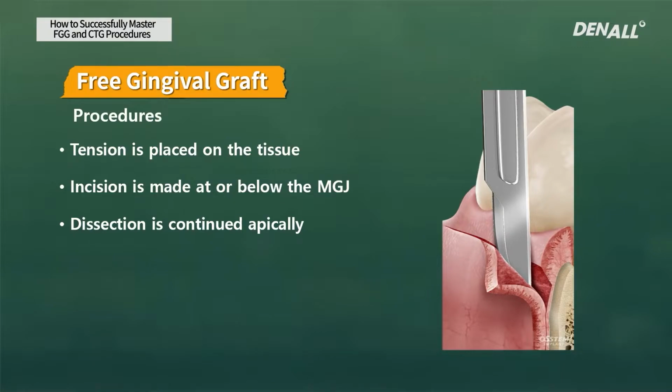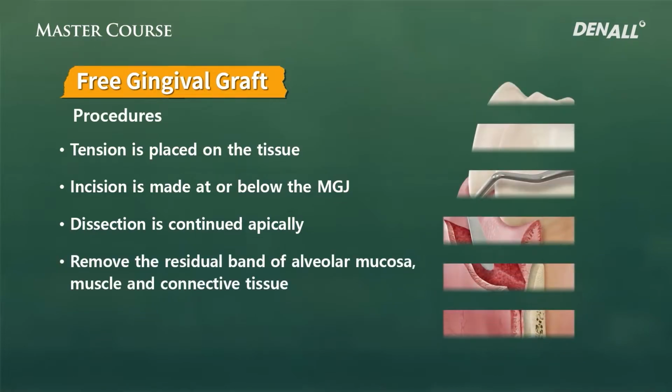After that, dissection is made inferiorly. You can use a blade or a sharp instrument like a periosteum elevator. So the flap is dissected inferiorly.